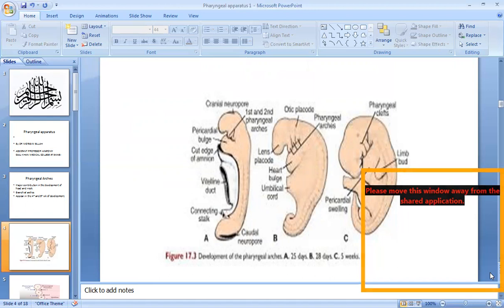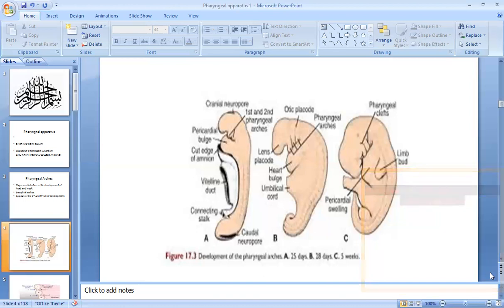In the cephalic region or the cranial region, you can see 2 bulges, which are labeled 1st and 2nd pharyngeal arch. This is at the age of about 25 days, meaning the 4th week.